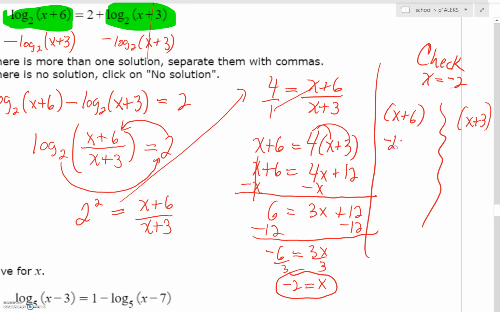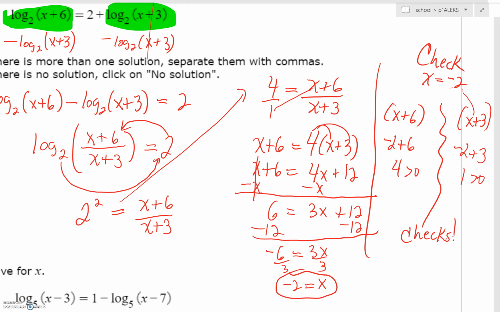And when you plug negative 2 in for x, negative 2 plus 6 is equal to a 4, which is greater than 0. Negative 2 comes in here. Negative 2 plus 3 is a 1, which is also greater than 0. This checks. If even one of them would have failed, then sadly we would have to say there's no solution.